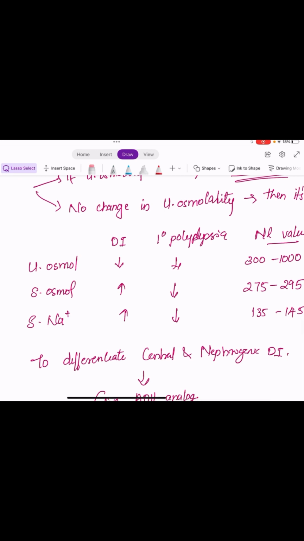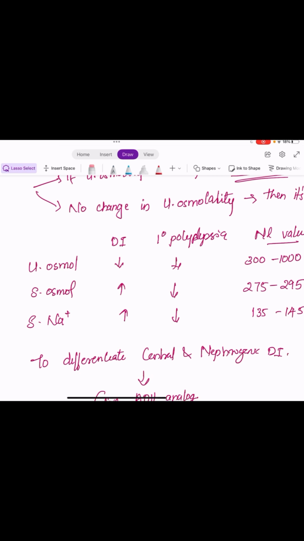So this is an easy way to remember what decreases and what increases in DI and primary polydipsia. In DI, since there is dilute urine, the urinary osmolality is low. In primary polydipsia also, due to excess intake of water, urinary osmolality will be low.